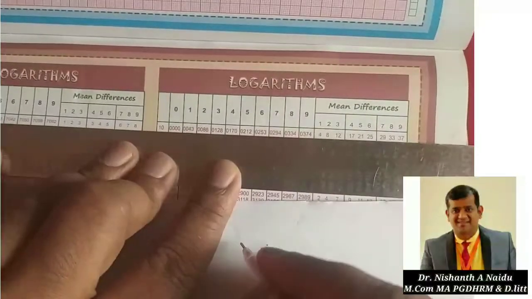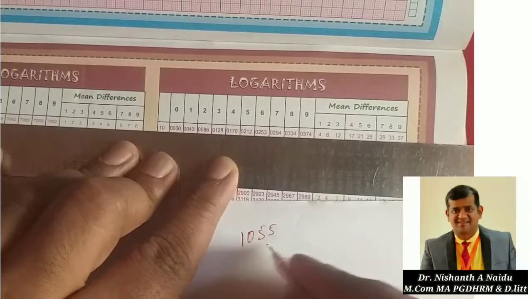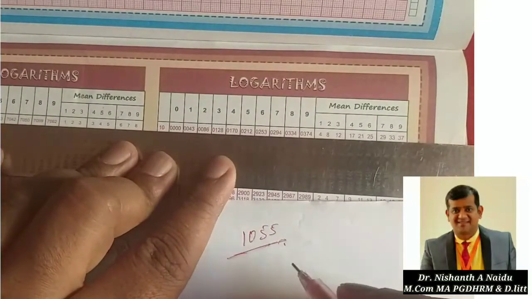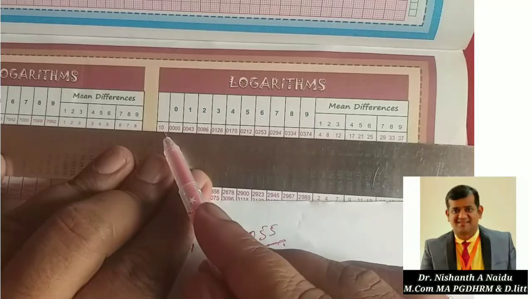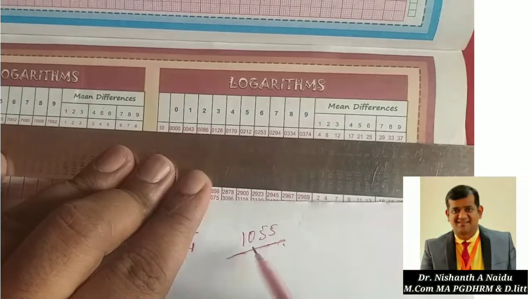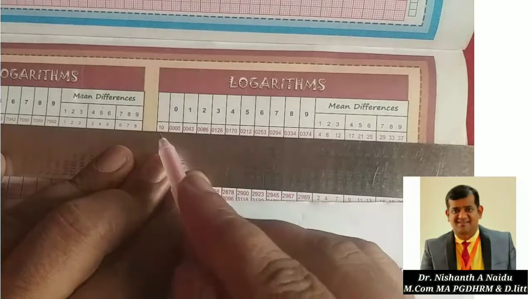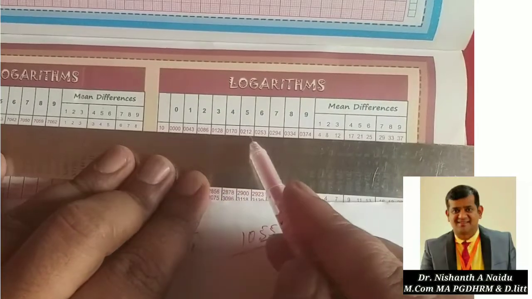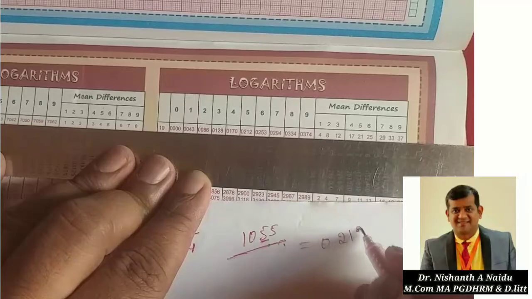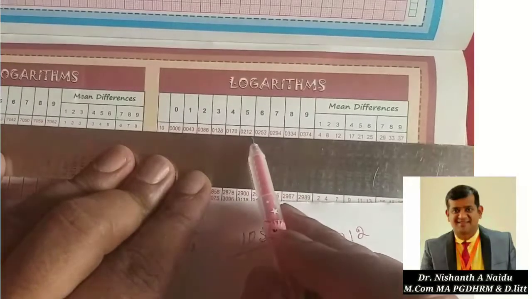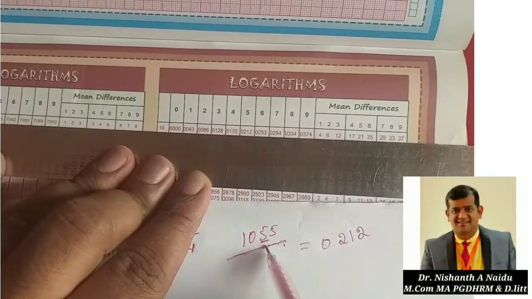1055, we have to find the log answer. In the 10th row, go to the 5th column. The 10th row, 5th column is 0, 2, 1, 2. Correct? So 10, 5 is over.